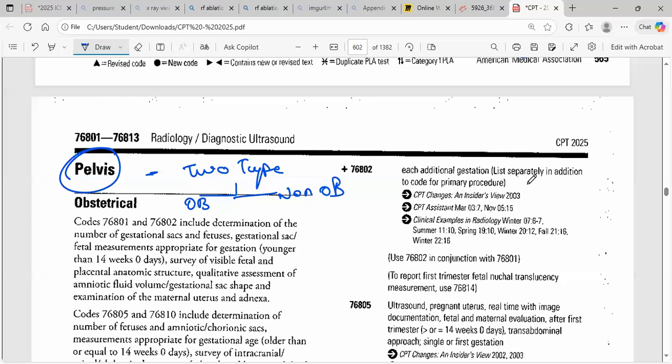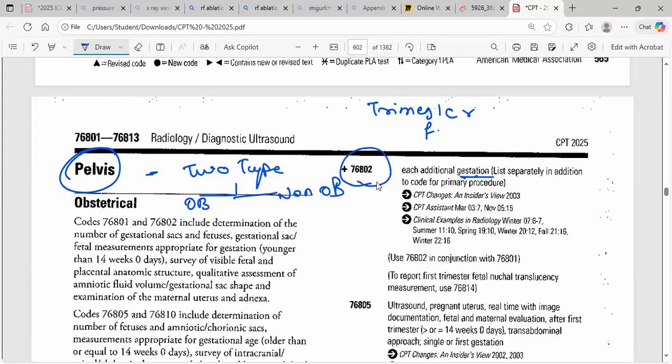So our codes are based on the trimester as well as fetus. Fetus is gestation. If there are twins, we have to use the add-on code also to represent that there are twins.